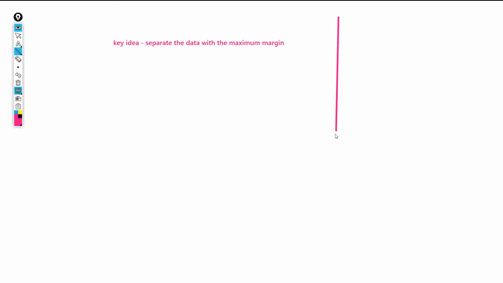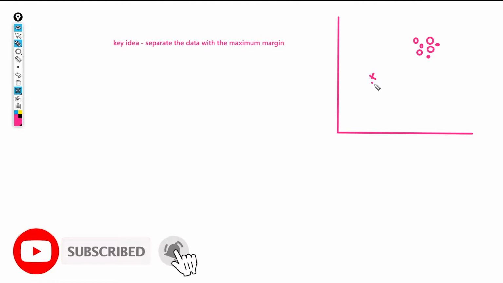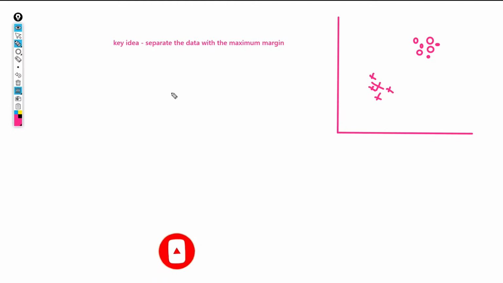So let's suppose we have this graph and we have some classes here. This is one class, and let's take that this is another class. What we want is a line that separates them with the maximum margin.